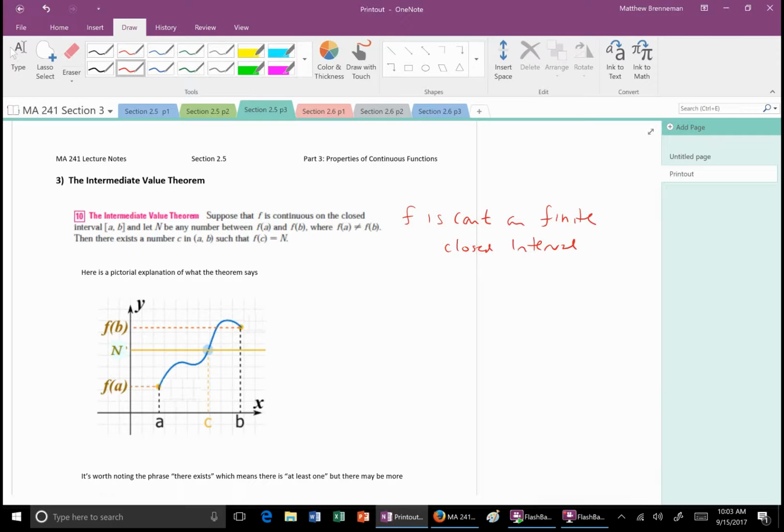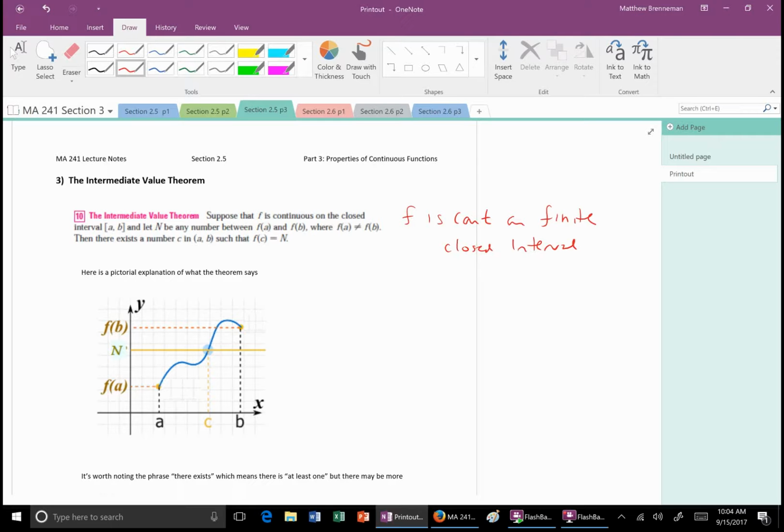If I have that condition, and I have any value between the value of the function at the endpoints, f of a and f of b, and if I pick a value intermediate, this is where the intermediate part comes from, I'm going to pick some value, we'll call it capital M, between these two values. What the intermediate value theorem tells me is that there exists at least one value of x so that f of x is equal to this intermediate value.